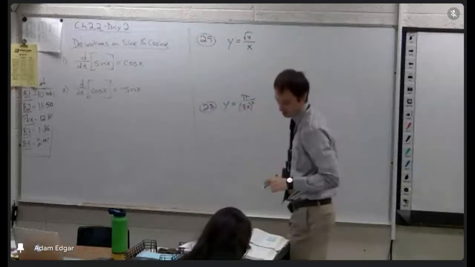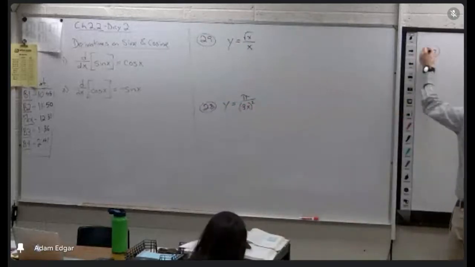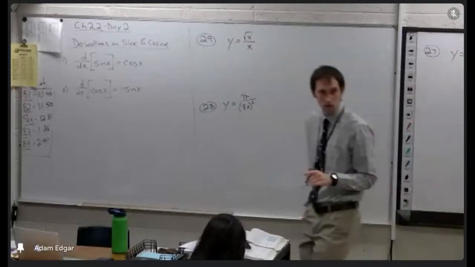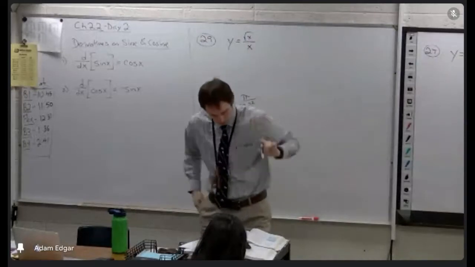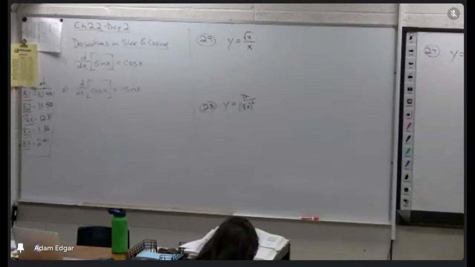And then 27 was a lot like 28. That was 6 over the quantity 5x all cubed. Is that right? Anything else besides those 3? Those are probably the toughest 3, I think, on the homework. Laura? 9. Yeah, 9. 5th root of x. Anything else?